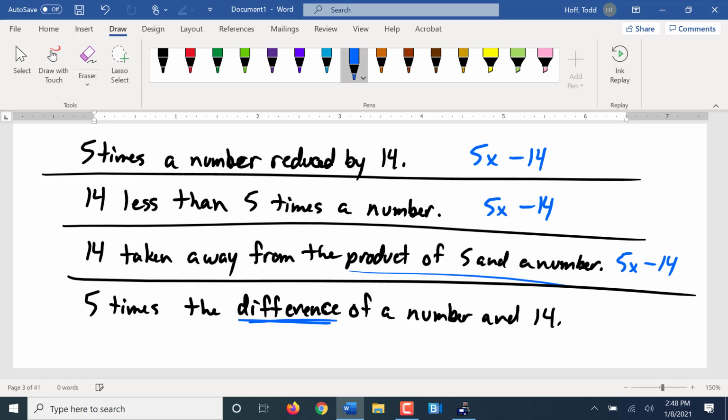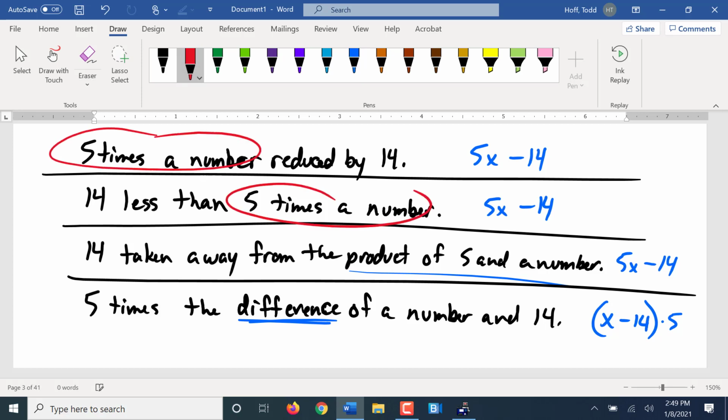Remember, difference is subtraction. So you have the right idea. So number and 14 would be x minus 14 instead of 14 minus x. But you have the right idea. X minus 14. But how do we indicate that that has to happen first? Parentheses. Yeah, I knew what you meant. Times 5. All of these other phrases were 5 times a number, 5 times a number.